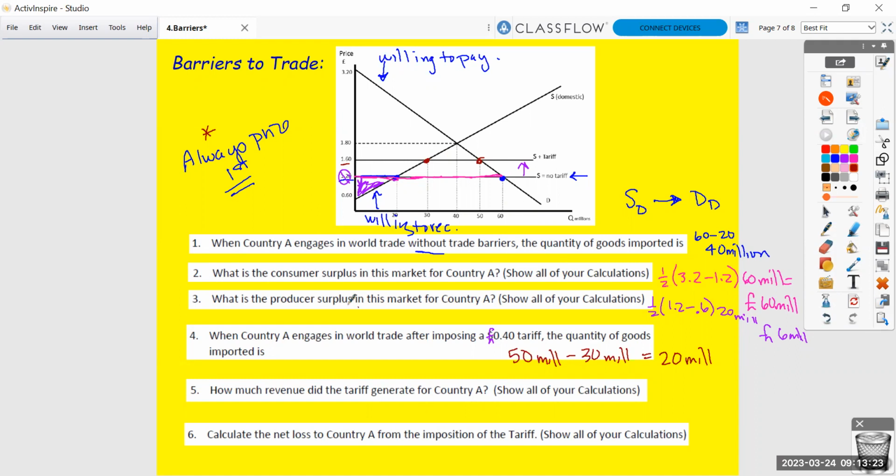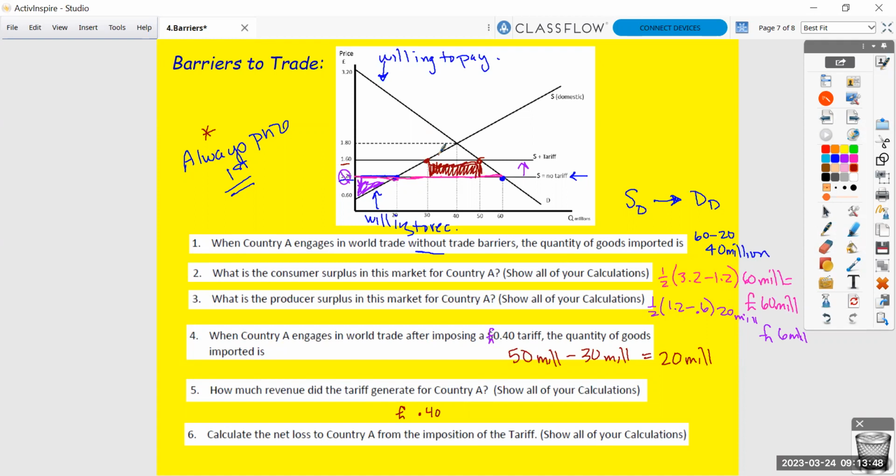How much revenue did the tariff generate? Well, remember, they actually already told us that it was 0.4. And it's this box right here. And guys, try to remember that a tariff, a tax, we always find the revenue the same way: the amount of the per unit tax or tariff times that quantity.